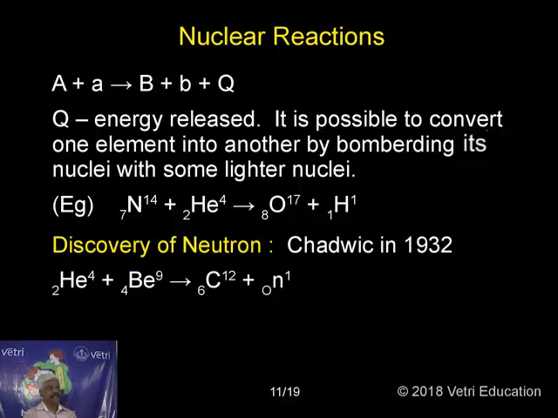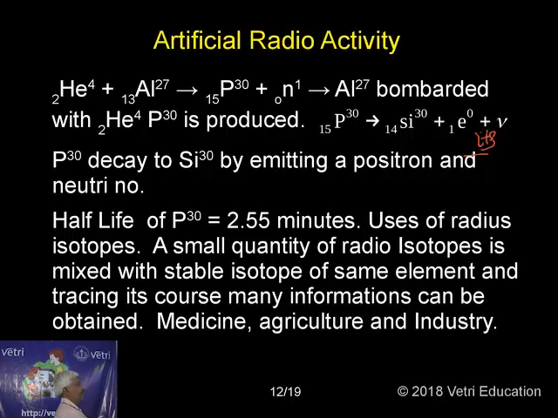Therefore, there is another neutral particle inside the nucleus along with the proton, hence named neutron. This was given by the scientist Chadwick in the year 1932. How was the neutron discovered? When beryllium converted into carbon with the bombardment of an alpha particle, the new particle that came out is called the neutron.